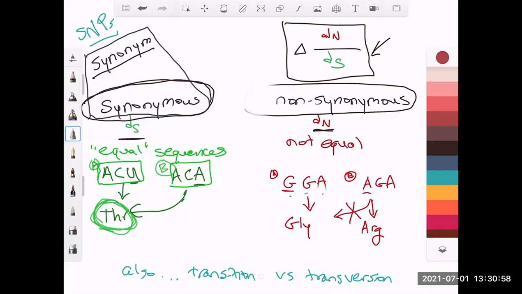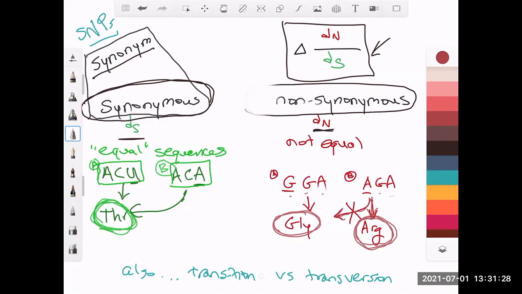This codes for a glycine amino acid during translation. And then in B, we've had some type of mutation, which causes a SNP. The changed sequence is AGA, and this no longer codes for glycine. This codes for arginine during translation. So these are obviously not equal. They're not the same amino acid.